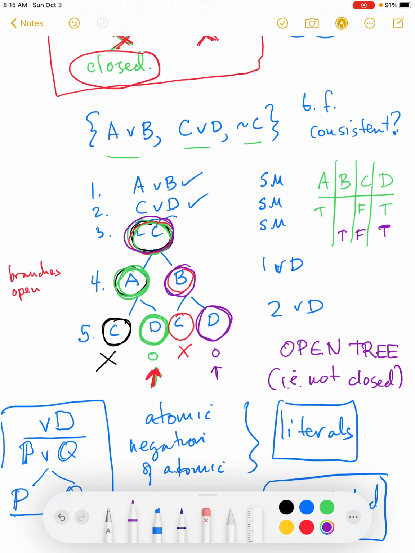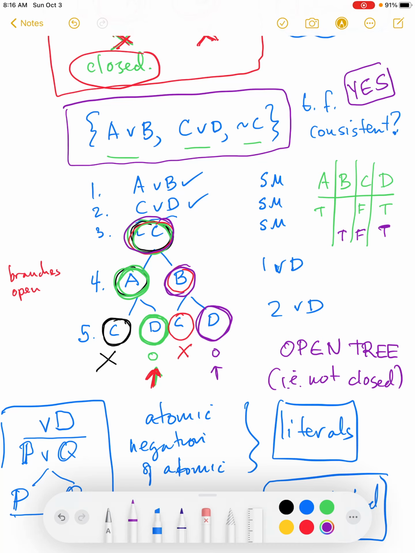If we construct a tree for a set of sentences, and it has at least one open branch, that is, it has an open tree, then we know right off the bat that the answer to the question, is this truth functionally consistent, is yes, it's truth functionally consistent. Okay?